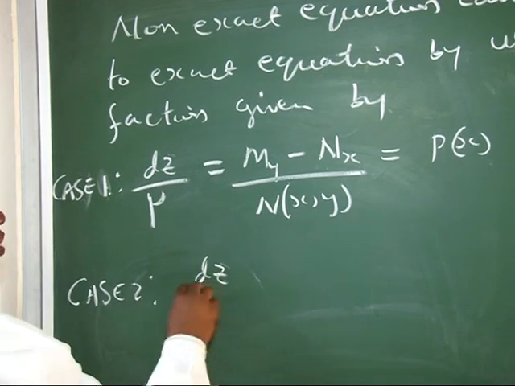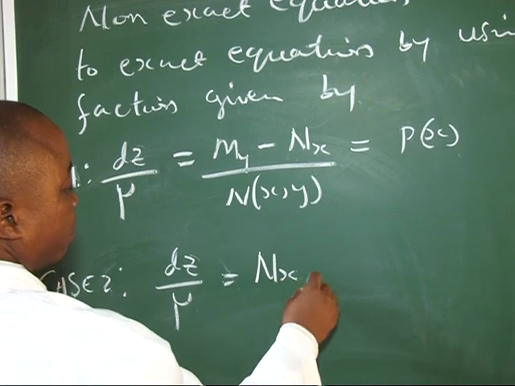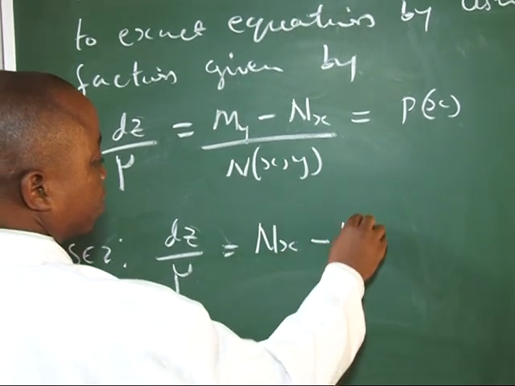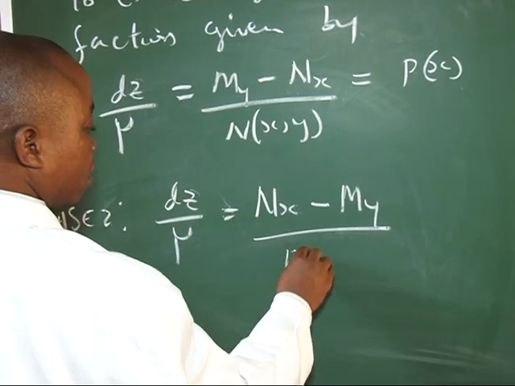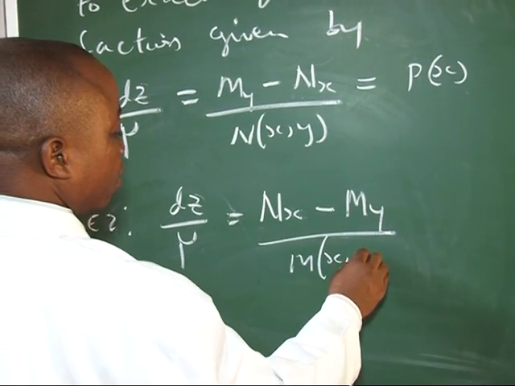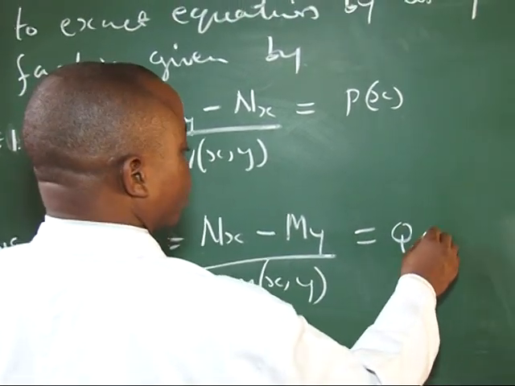So case 2, dμ over μ will be equal to partial N partial x minus partial M partial y, then over M of xy, which will be q of y.